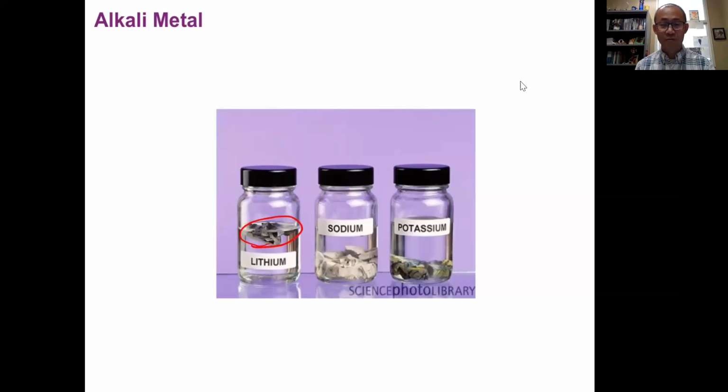Remember we learned in chapter 2? And because of that property, lithium is very commonly used in batteries. You use cell phone batteries or laptop batteries, or even EV car batteries. They're lithium ion or lithium polymer batteries.